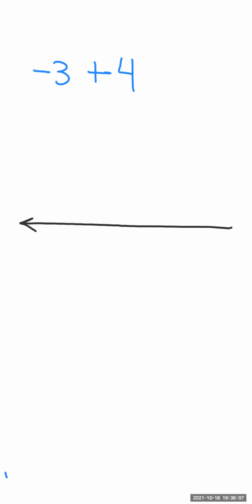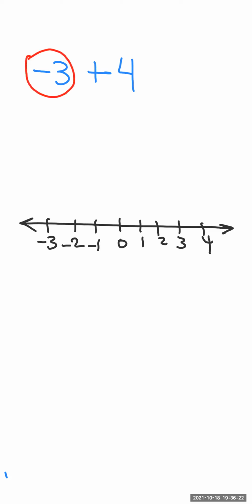Okay, so if the question is like this, -3 plus 4. So on the number line, if this one is 0, and -1, -2, -3, and then 1, 2, 3, 4. So now I want to add -3.